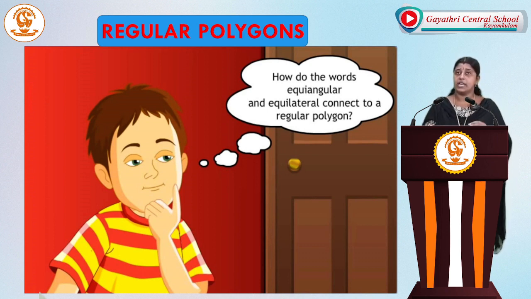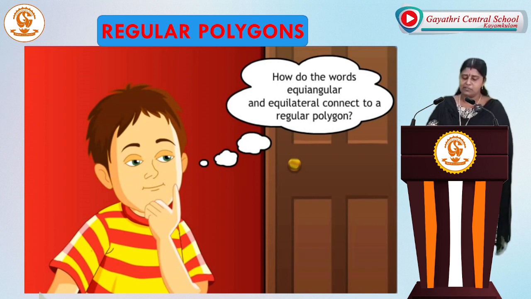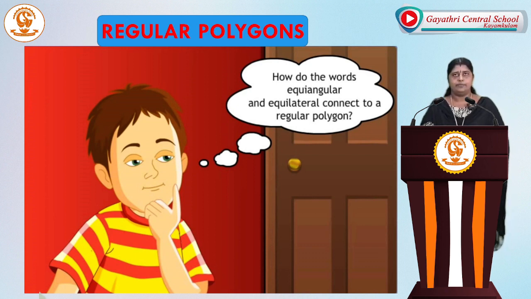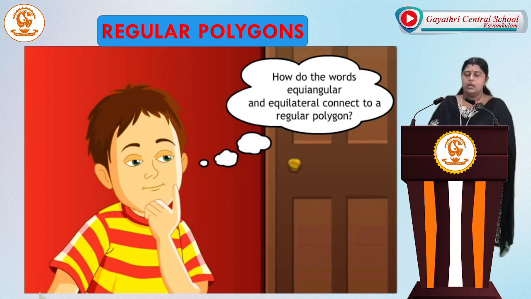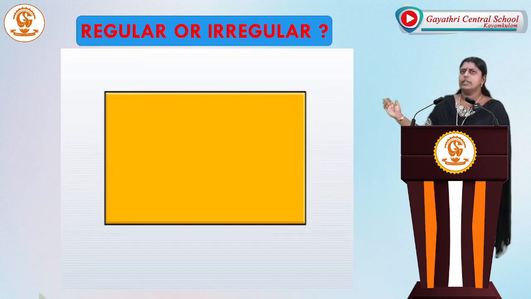That means all the sides are equal means it is equilateral. If all the angles are equal, then it will be equiangular figure.